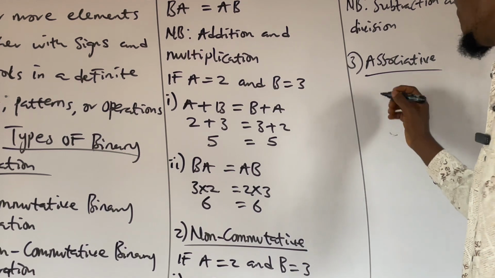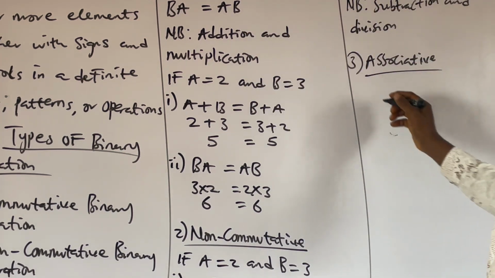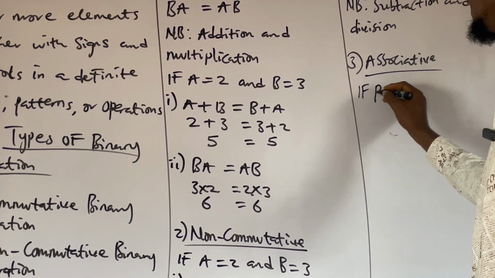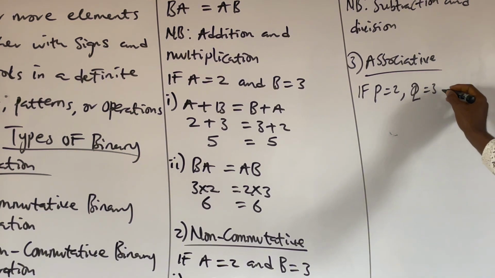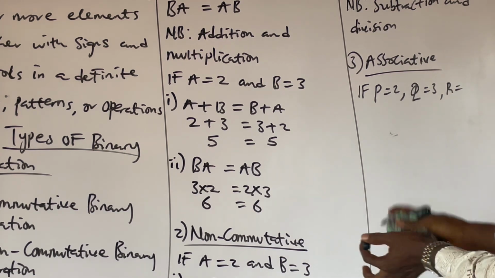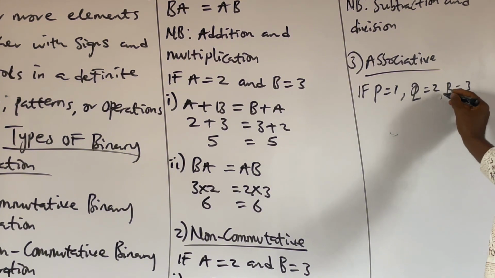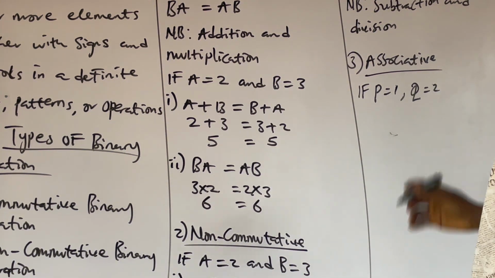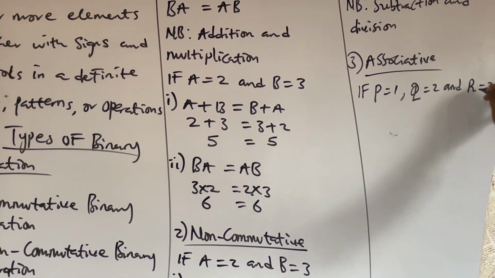Now, for associative, remember we have used A and B. Here we're going to use, let's say, P equal to 1, Q equal to 2, and R equal to 3.